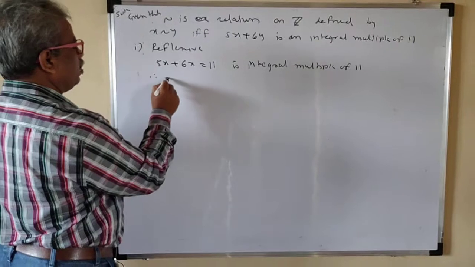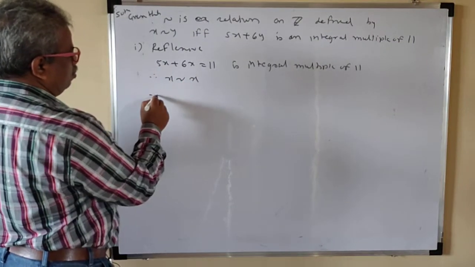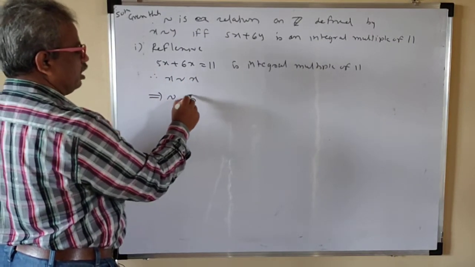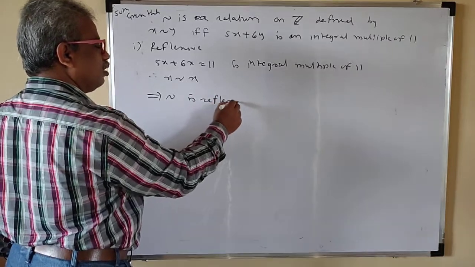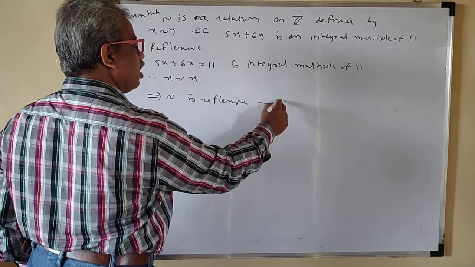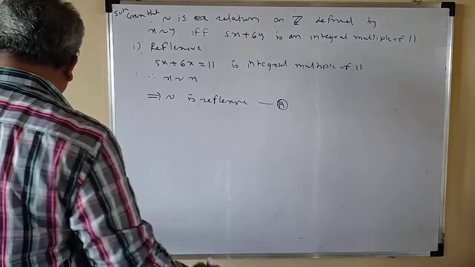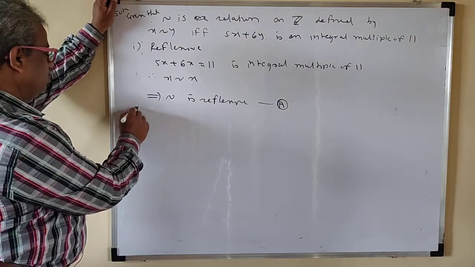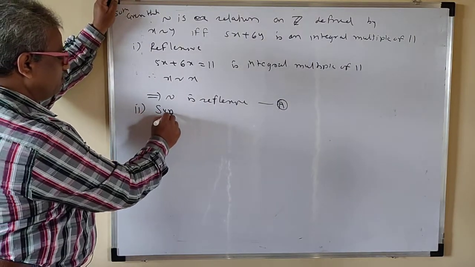Therefore x is related to x. So this implies that theta is reflexive. We call this A. You may call this 1 also. Now second, symmetry.